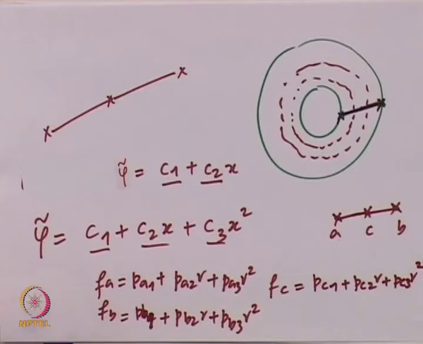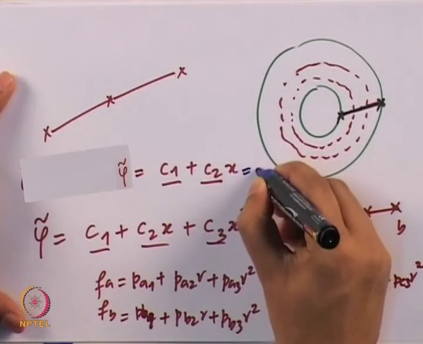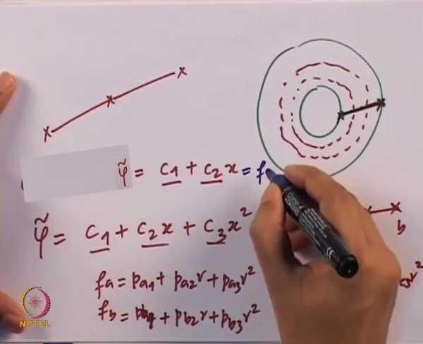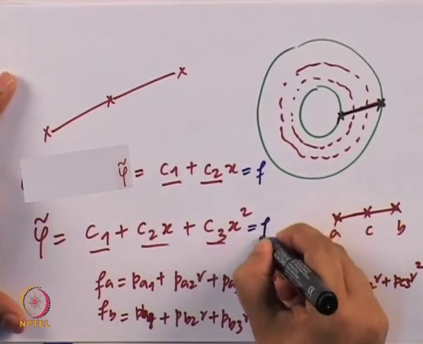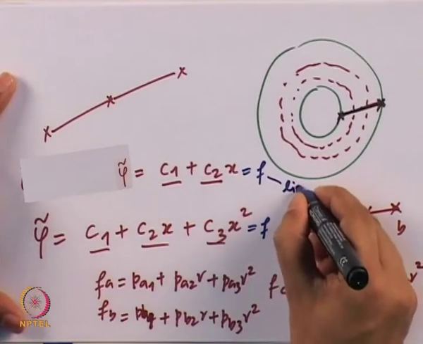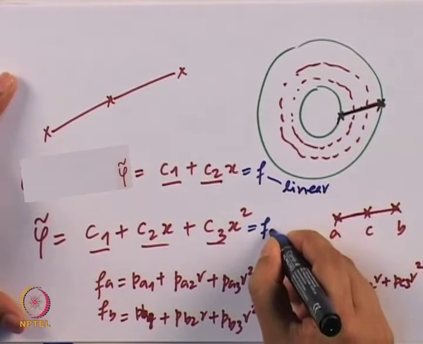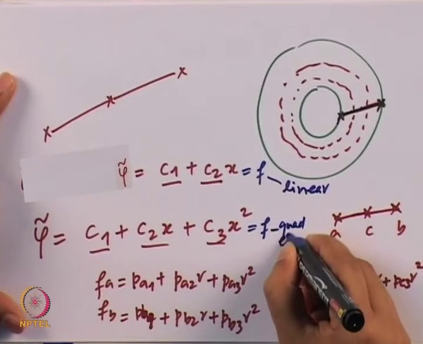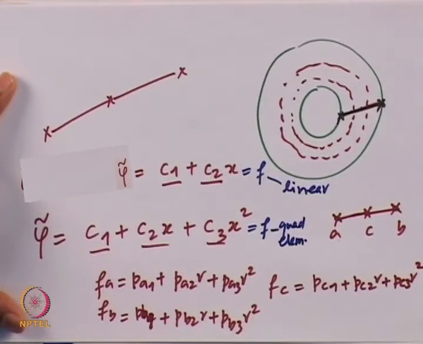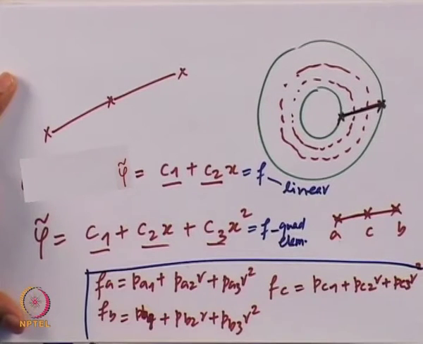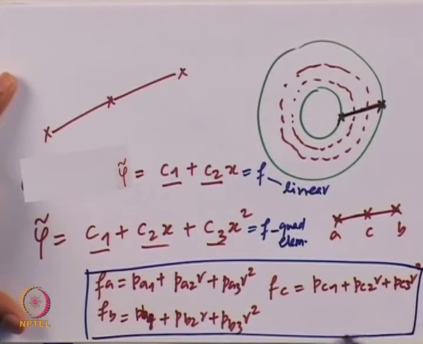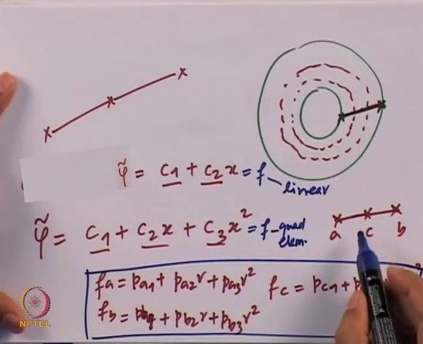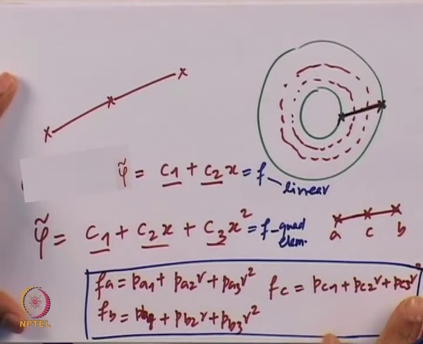So this was the first basis function, this is the second basis function, so linear element, this is quadratic. So for this problem we are going to use these 3 basis functions, and these basis functions are going to be on A, C and B. So let me write it down in a separate sheet.